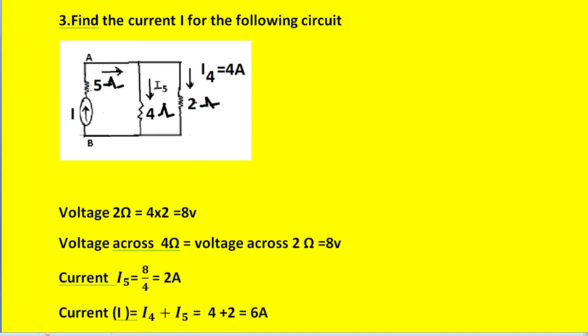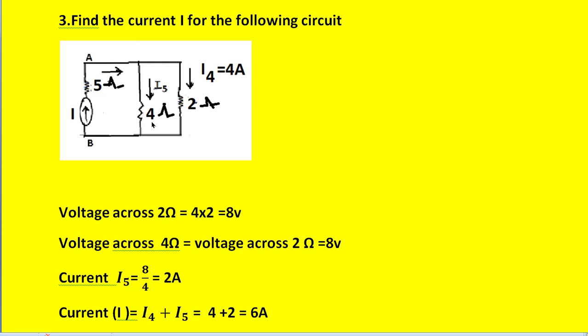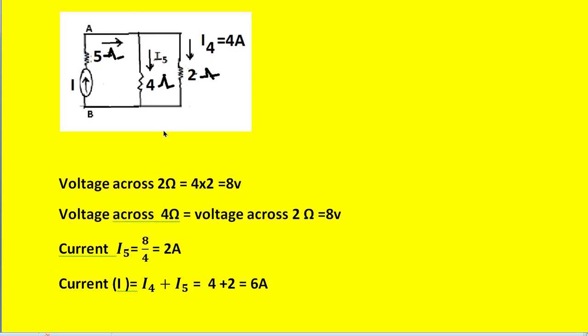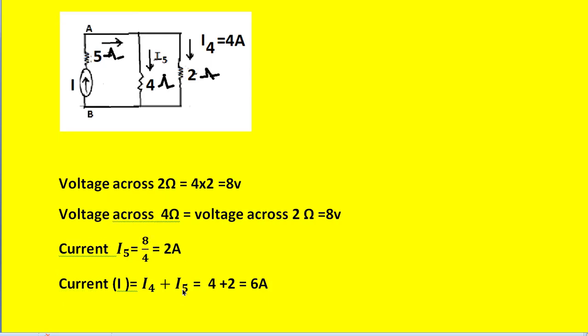Then the voltage across 4 ohms is also 8 volts. Once we know the voltage and the resistance, we can calculate I5, which is 8 volts divided by 4 ohms.